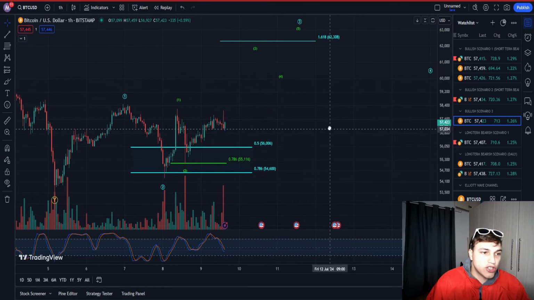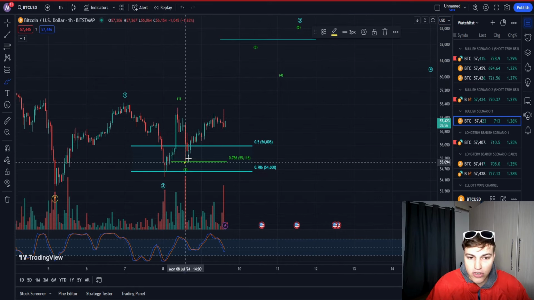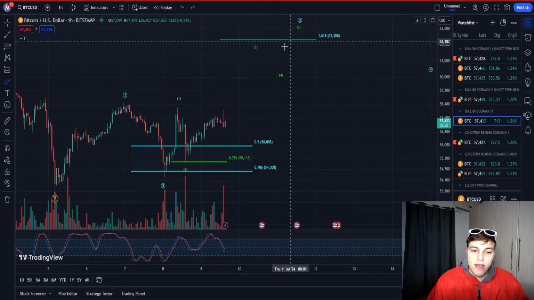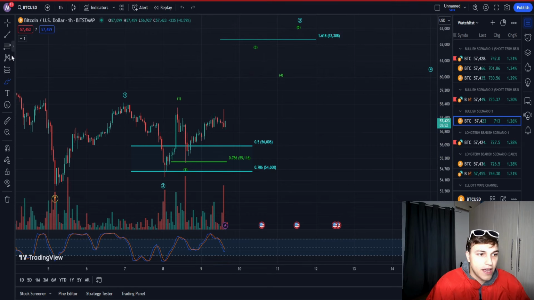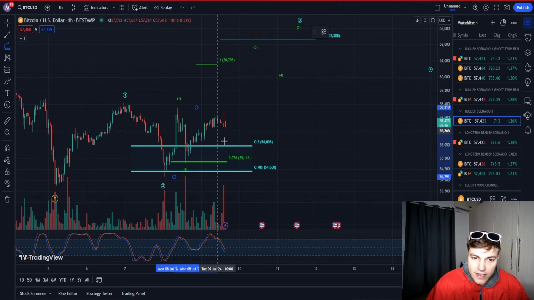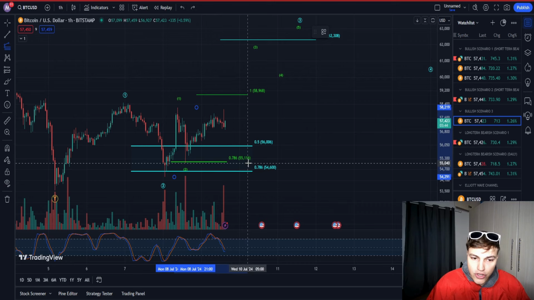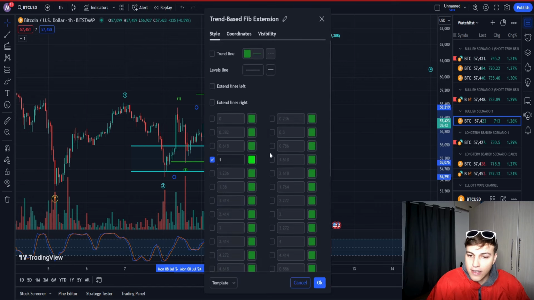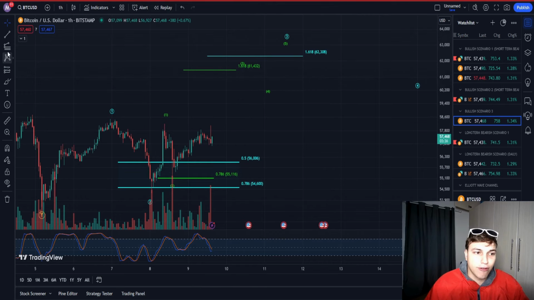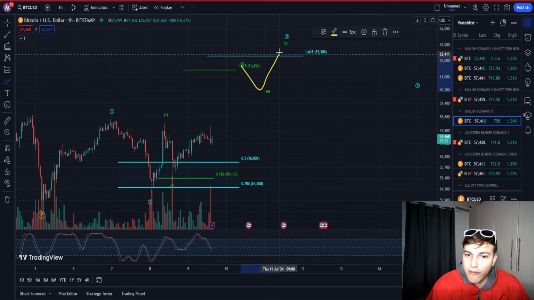Now we should see again impulsive structures to the upside in a wave 3, 4, 5. This green wave 3 would target the 1.618, which, if measured out, should be sitting at the 61,432 level. Once this is hit, it would be followed by a 4 and a 5.